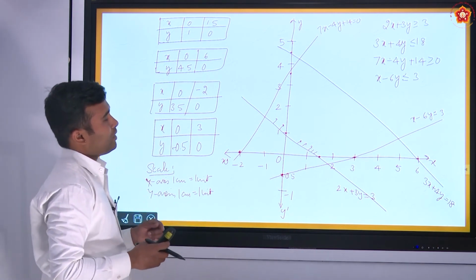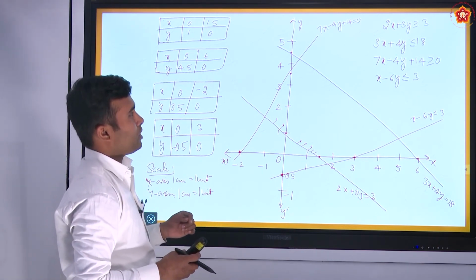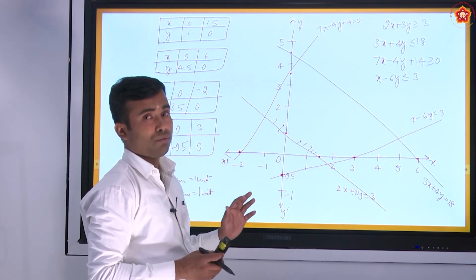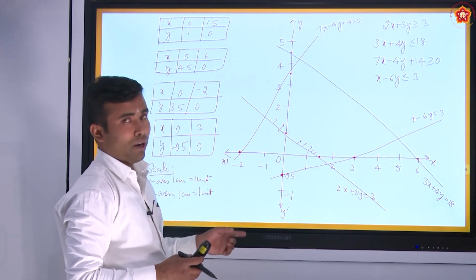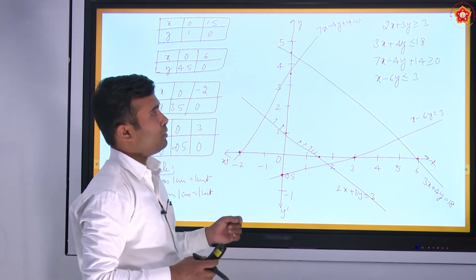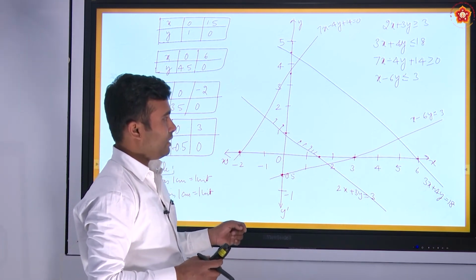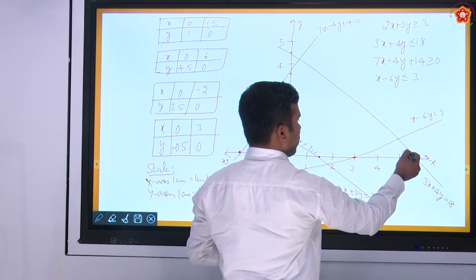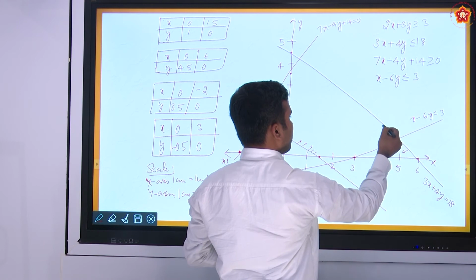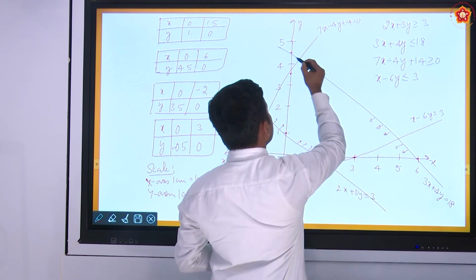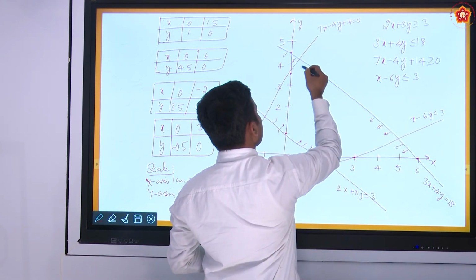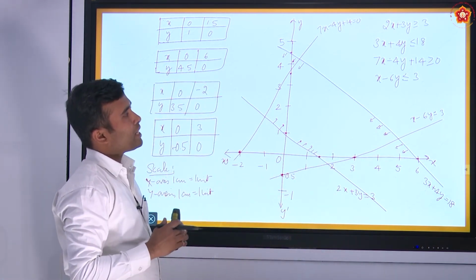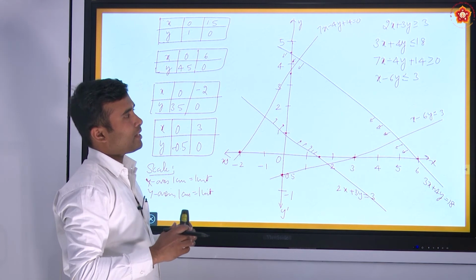So next, the second one is what? 3x plus 4y, which is less than or equal to 18. If you put 0 comma 0 for x and y, so 0 which is less than or equal to 18, then it is true. Therefore its region will be towards the origin. Okay, next is 7x minus 4y plus 14 is greater than or equal to 0.